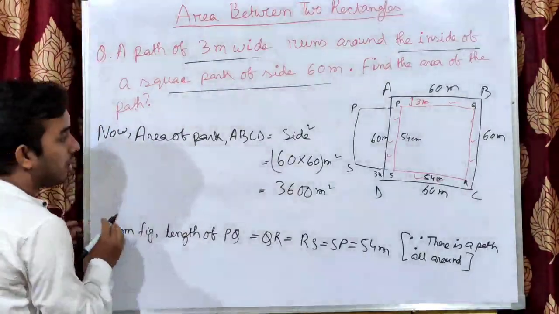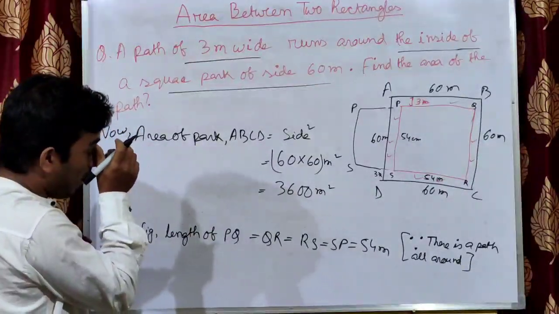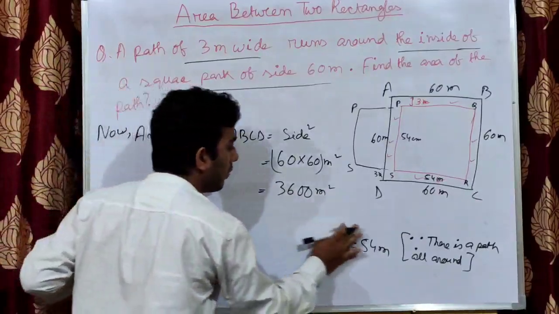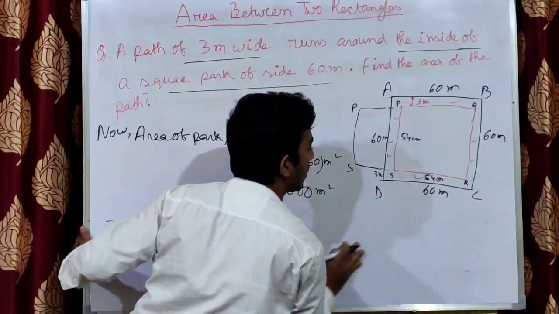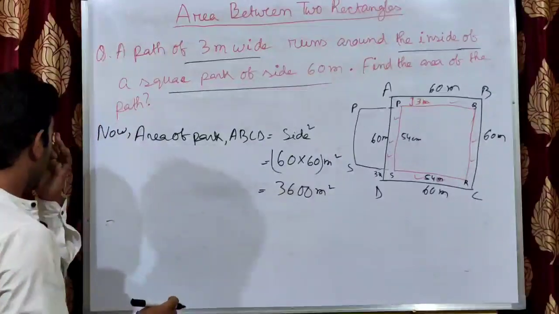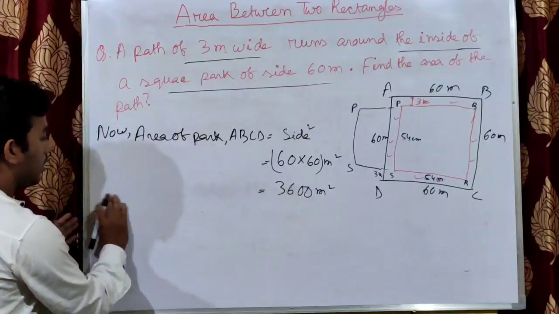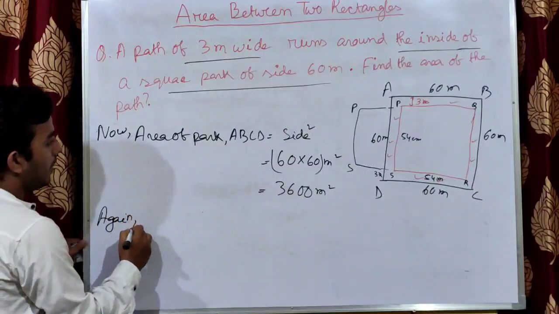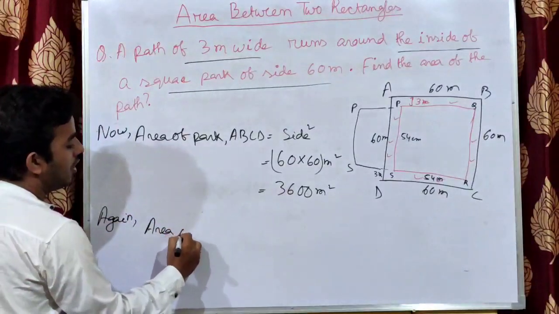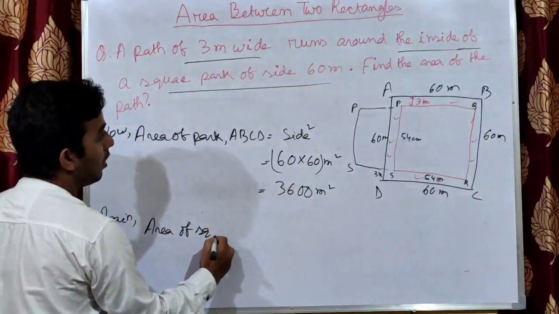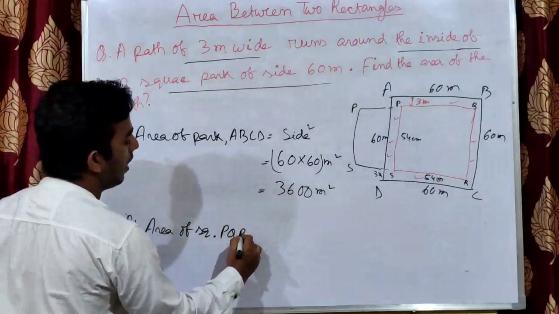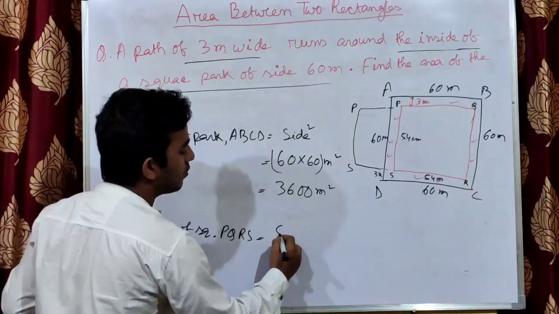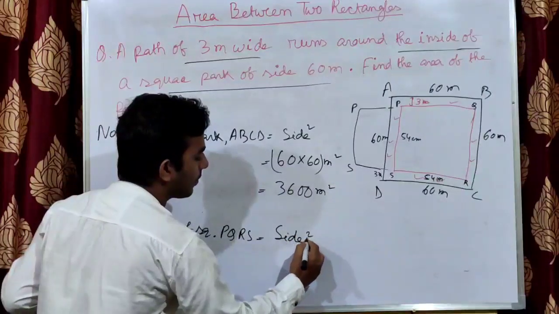Now we have to find out the area of PQRS. If we find the area of PQRS, then if we subtract, we can find out the area of the path. So now we will write again, area of square PQRS. Its formula will also be side square.